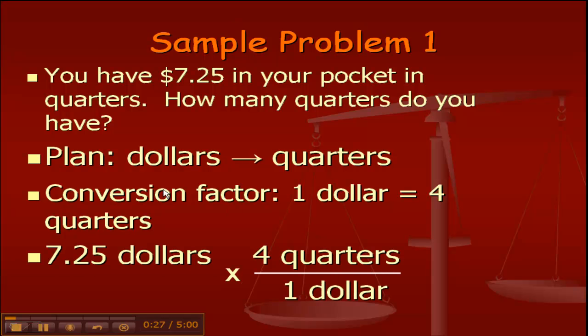So if we start with $7.25, then we're going to want to set up that conversion factor by putting 4 quarters over $1. And of course, the reason we want to do that is because we want dollars to cancel. So those will cancel, and we're just left with some multiplication here. So we know that we have 29 quarters.